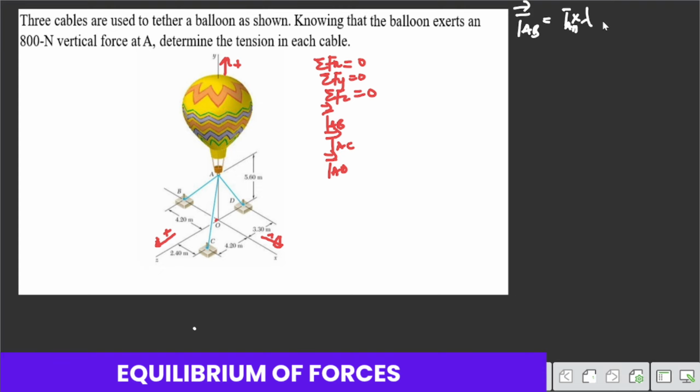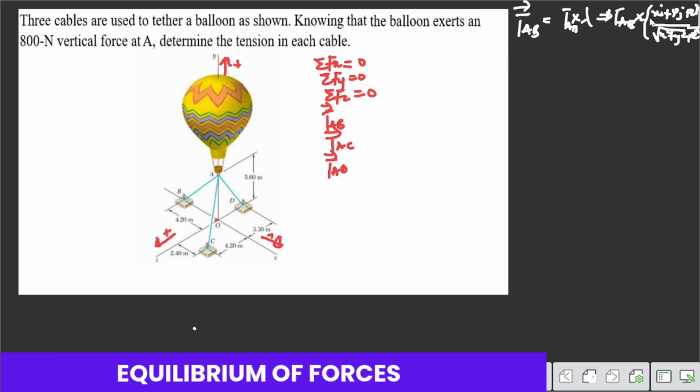It's going to be in this form. So we have TEB multiplied by lambda, which is xi plus yj plus zk, over the square root of x squared plus y squared plus z squared. So that's how it's going to be.